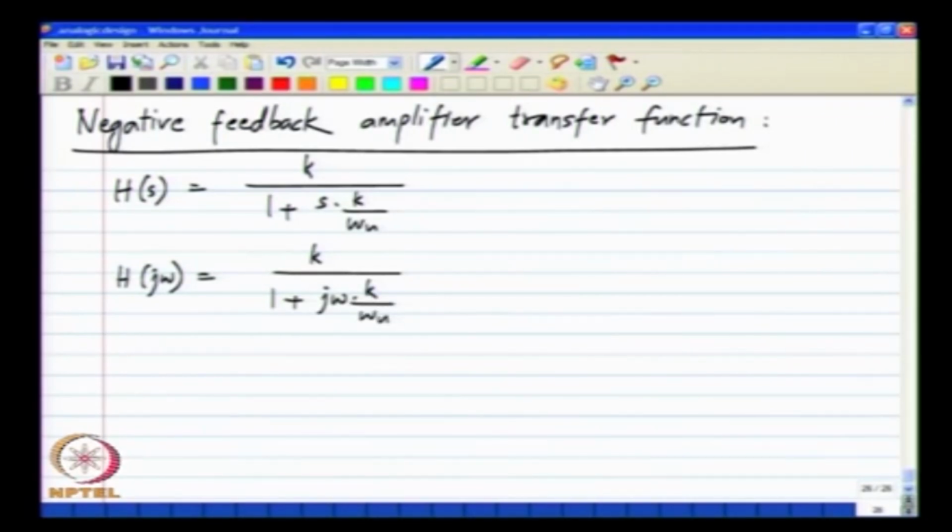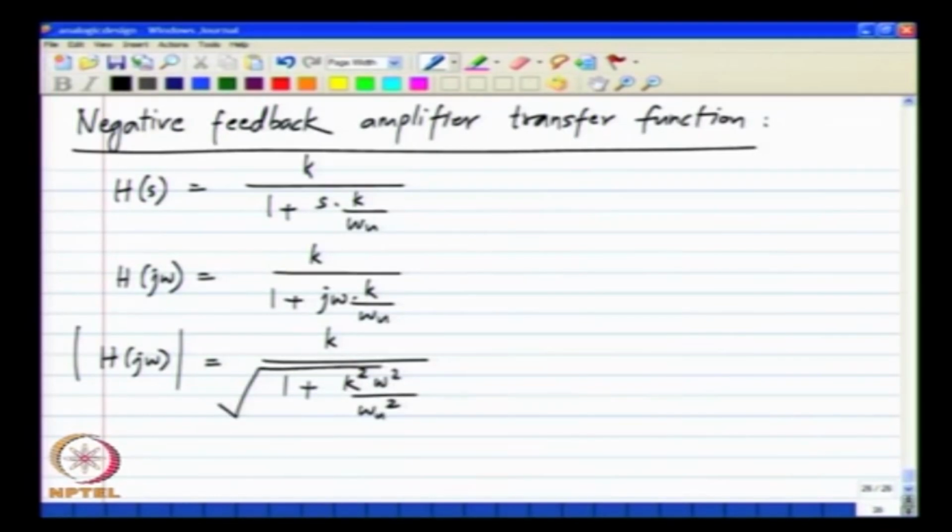In the second expression here, I have simply replaced s by j omega, which is what I want to evaluate the sinusoidal steady state. And the magnitude of H is given by this.